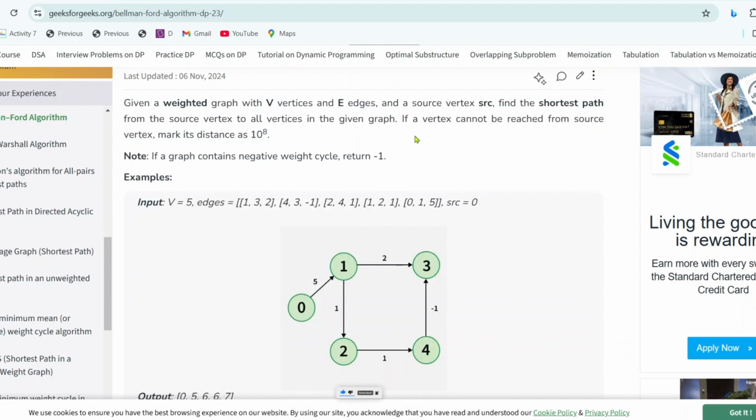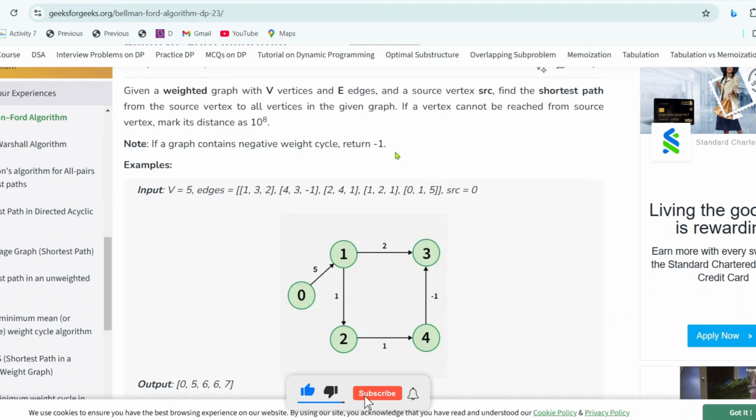And also if the vertex is not reachable from the source vertex, then mark its distance as 10 power 8. Also note, if the given graph contains a negative weight cycle, then return -1.